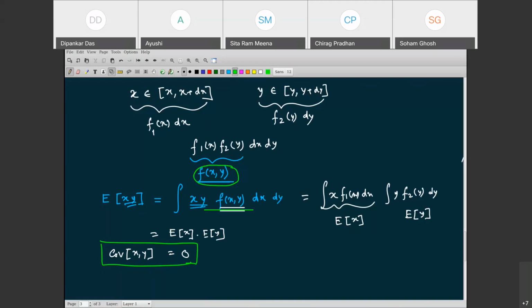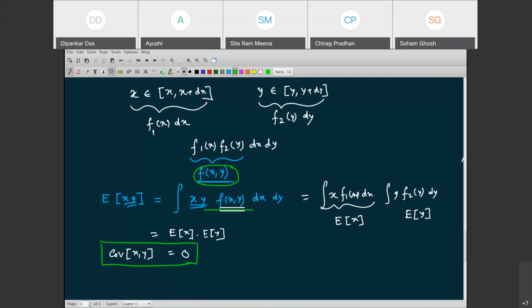So the essential idea is that if they are independent, your covariance is 0. But even if your covariance is 0, you might not want to jump to the conclusion that your random variables are independent. There might be some other funny things going on inside, for which we need to do further statistical tests.